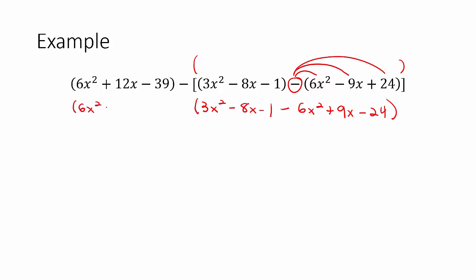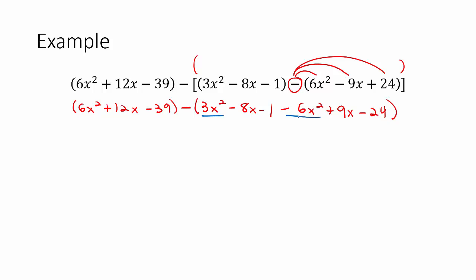We're just ignoring it for now: 6x squared plus 12x minus 39 minus all that stuff. We could at this point either distribute the negative through that big guy, or we can simplify the big guy. Both ways work. I'm going to simplify the big guy first so there's less to work with.